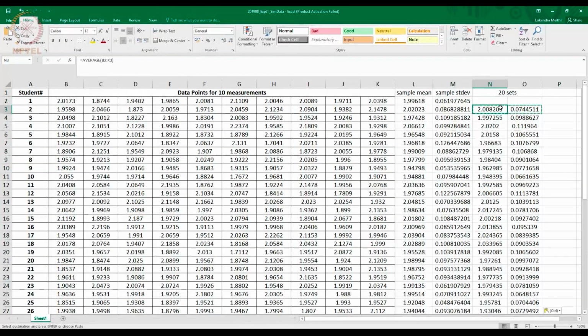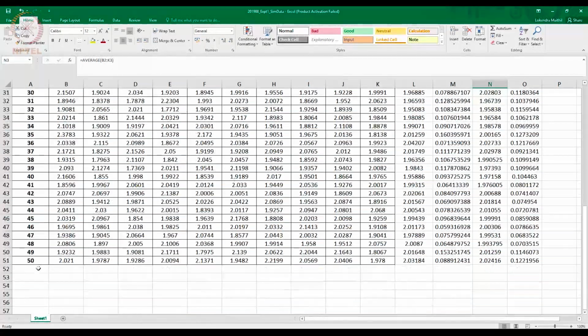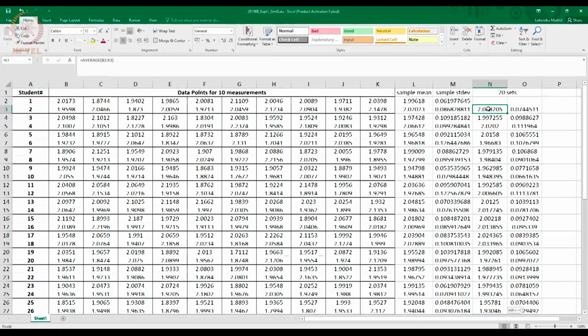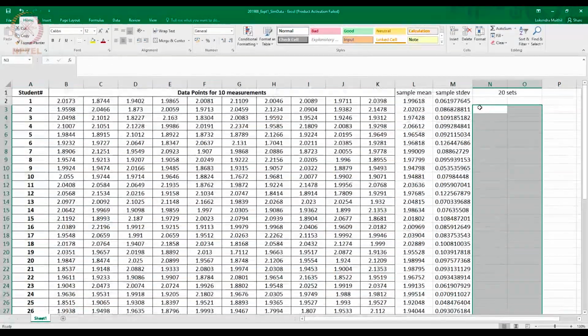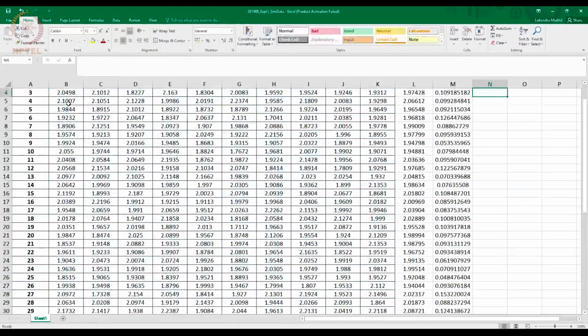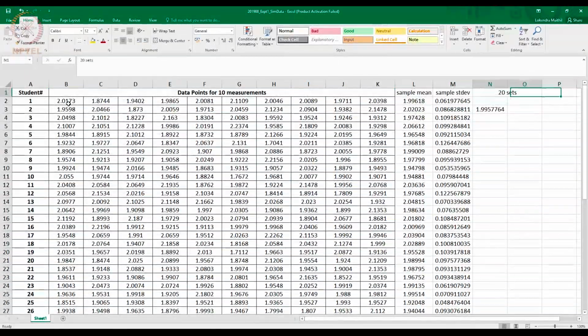So instead of taking the 10 data sets at a time, we have 50 students in this example, and each student has 10 measurements. So why don't we take all the 500 data points at the same time? So I am going to say average of all these cells and standard deviation of all these cells.